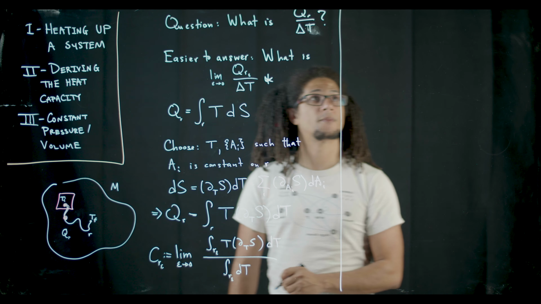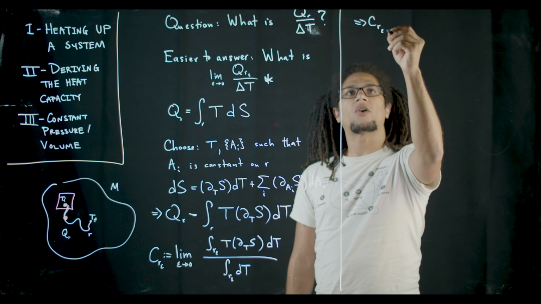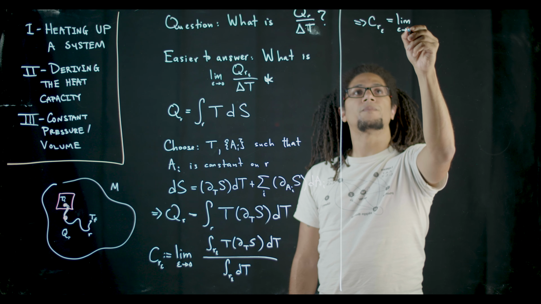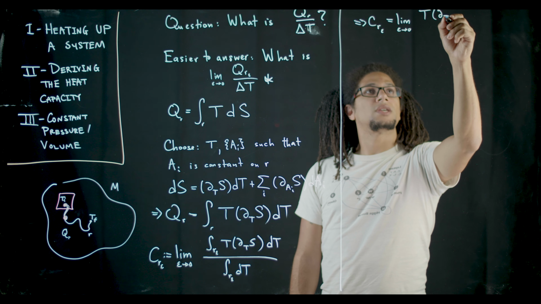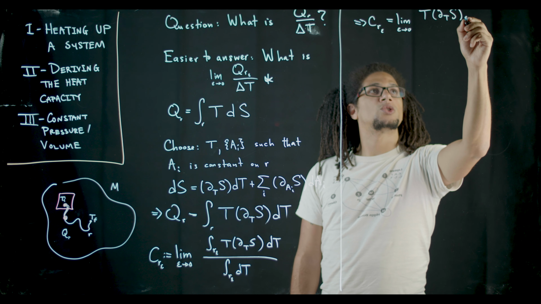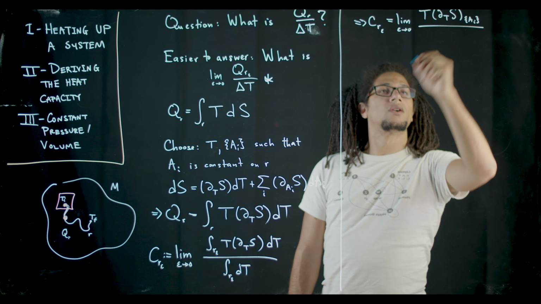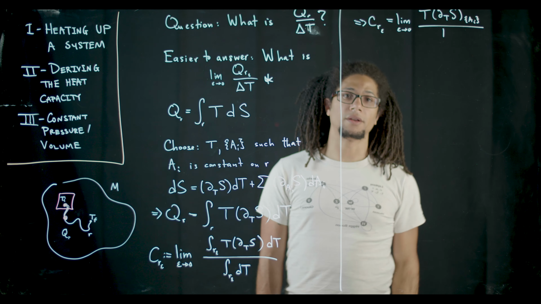by definition, then we are given that c of r epsilon is also equal to the limit as epsilon goes to 0 of t partial t s. And now let me restore that this depends on a_i. Over, well, the integrand in the denominator is just 1.